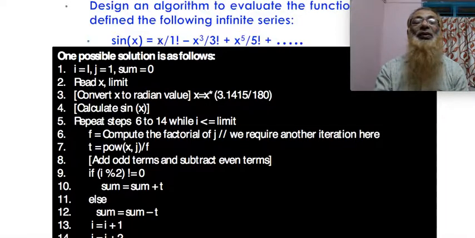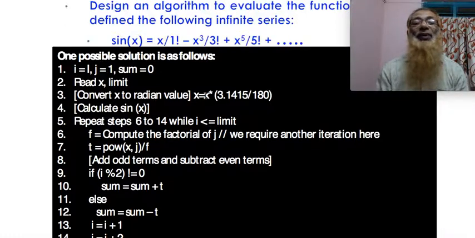So powers of x should be incremented by adding 2 to each term. Here when the power is 1, that same value is repeating here but as a factorial. x raised to 1 divided by 1 factorial, x cubed by 3 factorial, x raised to 5 by 5 factorial.